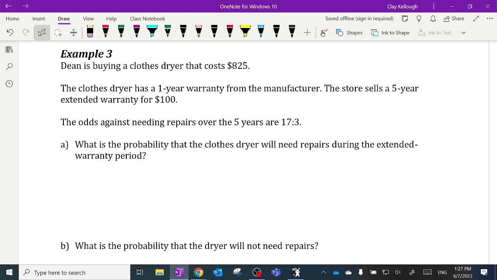The clothes dryer has a 1-year warranty from the manufacturer. They always come with that. If it breaks within 1 year, the manufacturer themselves take care of it. But the store sells you a 5-year warranty for $100. Now, I will show you after we're done the little lessons a website that's really good to go to. It's been a magazine since I think the 1950s, called Consumer Reports.